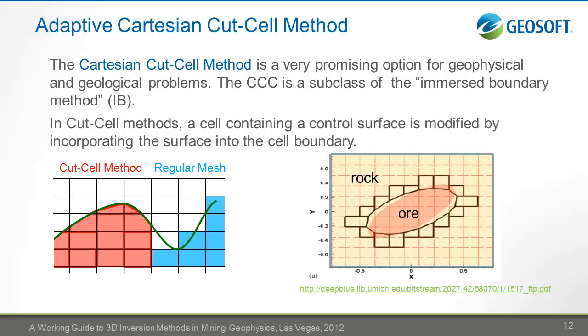Now, normally we would either turn this entire cell on or off in our modeling and inversion process, but in the cut cell method what we do is approximate this topography cutting through the cell by a single linear approximation through the cell, turning this into a trapezoid and representing the cell now by the reduced volume associated with the cut cell. So what has happened is the upper boundary has been truncated and cut back to this linear approximation.